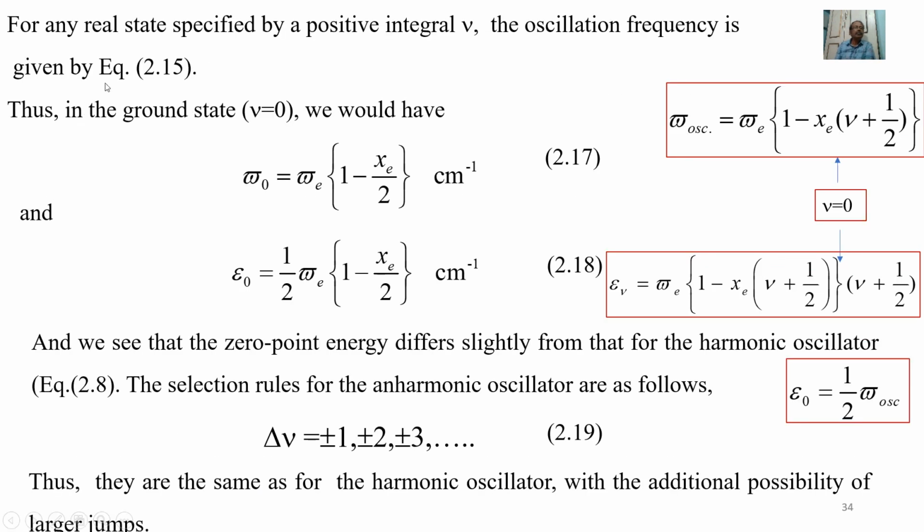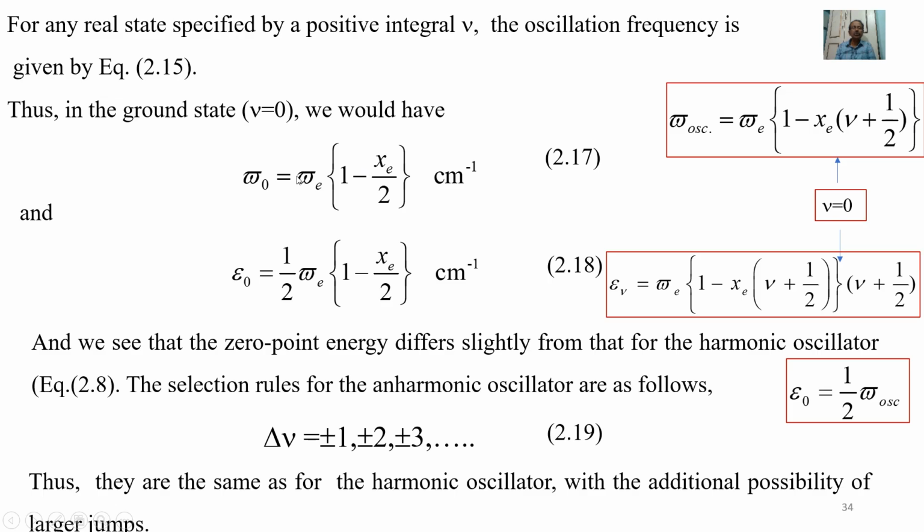For any real state specified by a positive integral nu, the oscillation frequency is given by this. For the ground state, nu equals 0, we substitute nu equals 0 in equation 2.15.